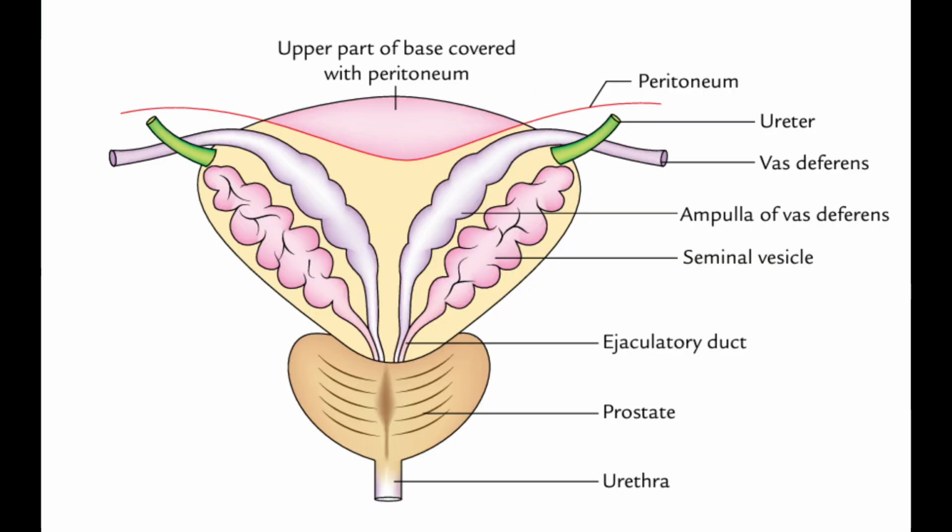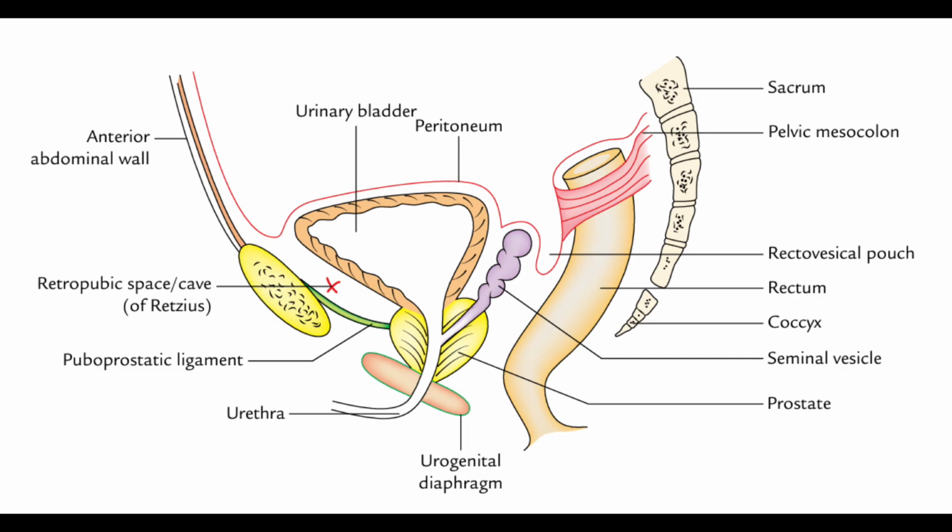The bladder is related inferiorly to the prostate and pelvic floor in males, and in females, to the pelvic floor. Superiorly, in males, it's related to the peritoneum, and in females, to the uterus and peritoneum.